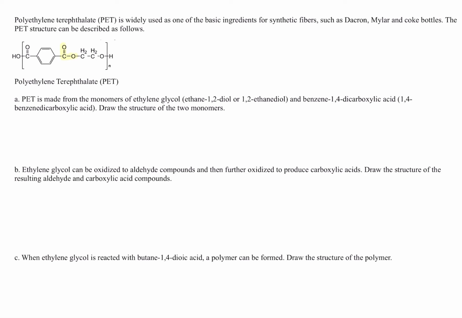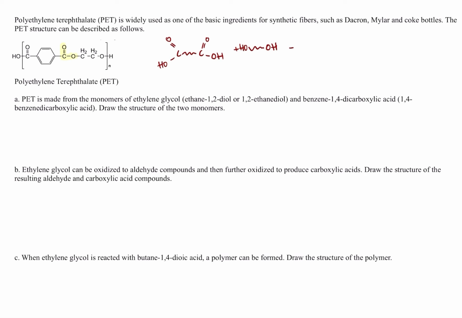So basically, we have something like this, COOH. So this is to be double like this. And then it reacts with another molecule which also has OH and then OH.